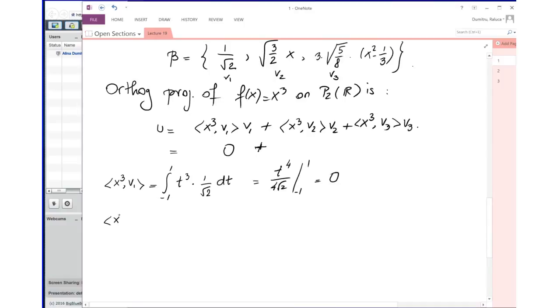The second one, x cubed with v2: the integral from -1 to 1 of t cubed times the square root of 3/2 times t dt.